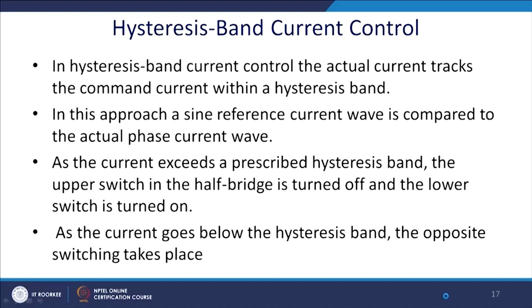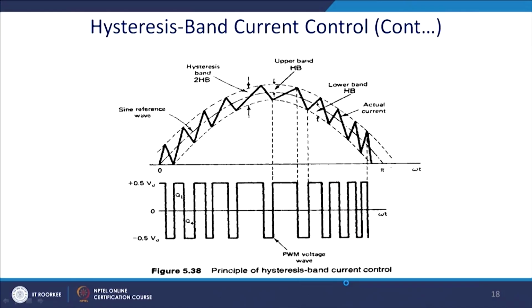When the current exits the prescribed hysteresis band, the upper switch in the half bridge is turned off and the lower switch is turned on, and when it crosses the lower limit, then the reverse happens. The current goes below the hysteresis band, and the opposite switches are put into action. This kind of band is called constant band PWM.